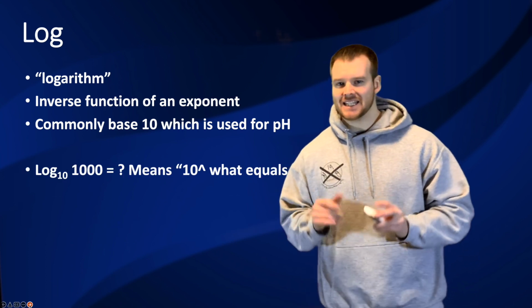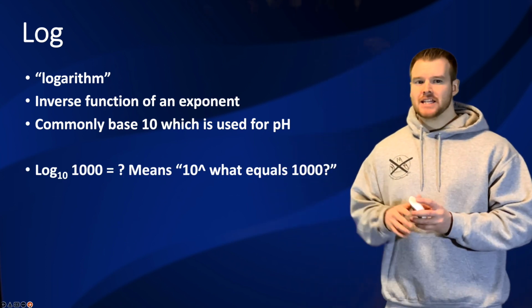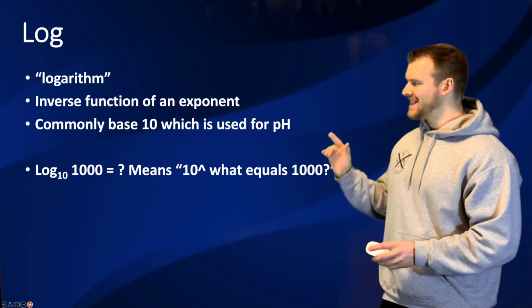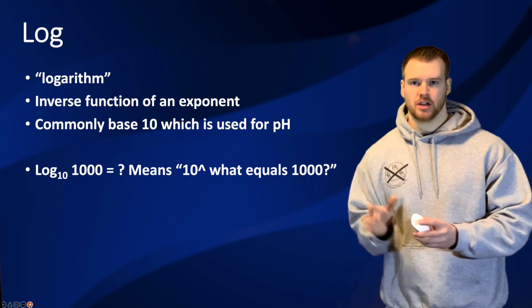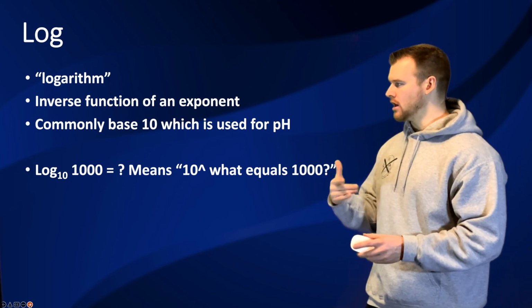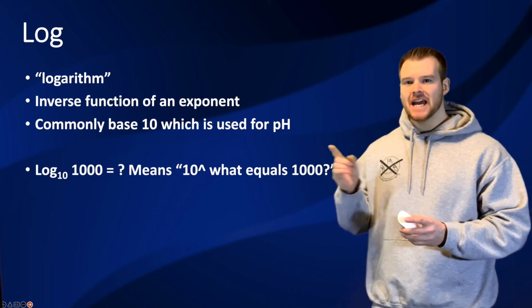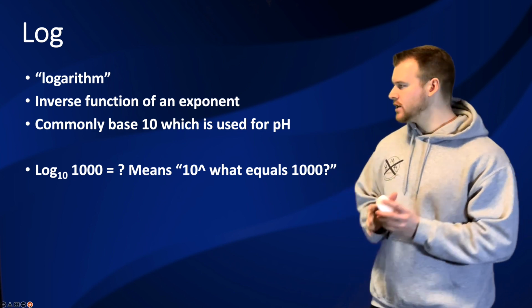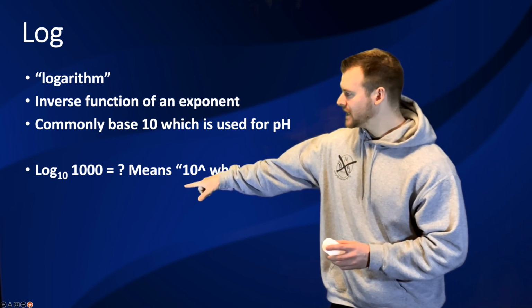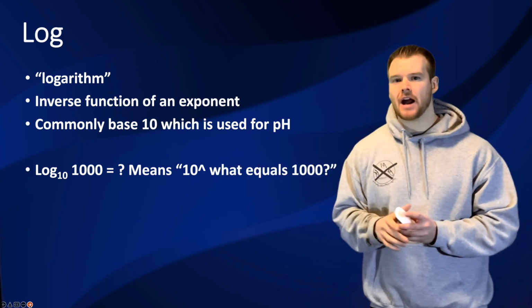And what it means is this. I think this is a good example. So it says if you have log 10 of 1,000 equals something you're trying to solve for. So you're trying to solve log 10 of 1,000, what's that equal? What it's really asking is saying 10 to the what equals 1,000. So the base 10 to the what is equal to 1,000.